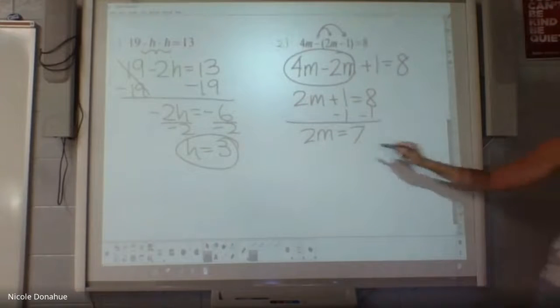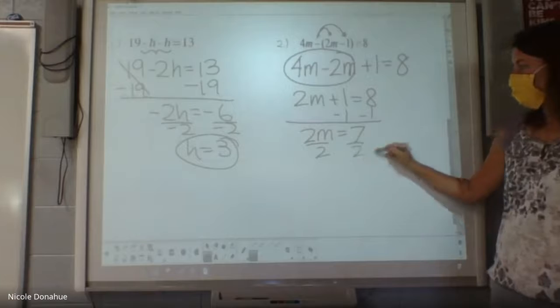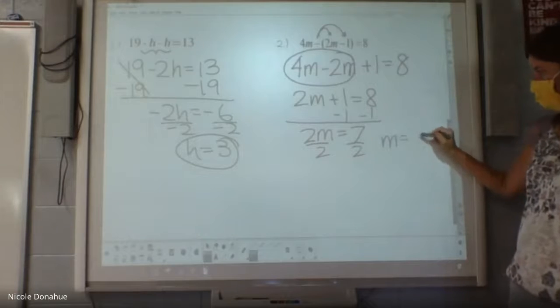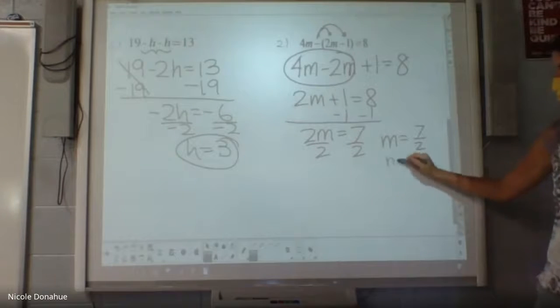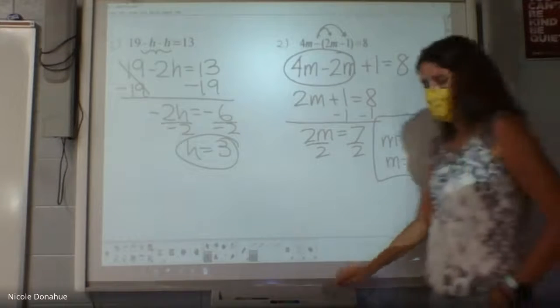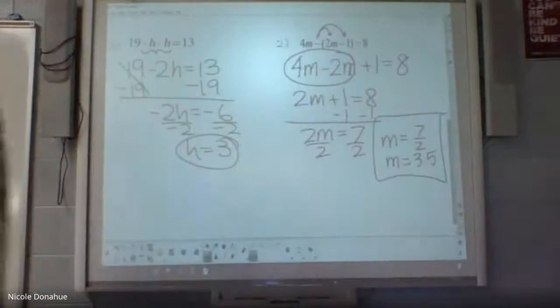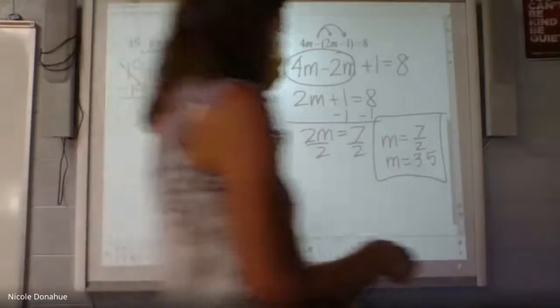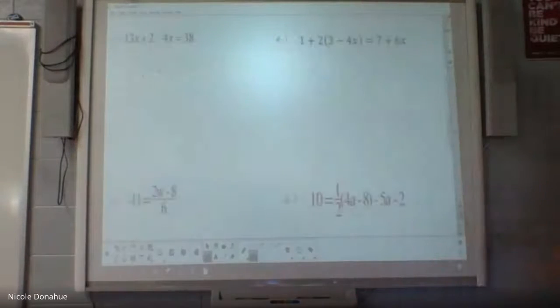And then I'll divide by 2. So 7 halves or 3.5. Questions there at all? Okay, you guys want to keep plugging along? Looks like you do. So we'll do that. We'll take a break in a little bit.